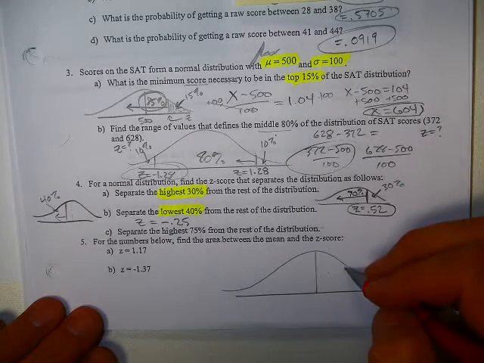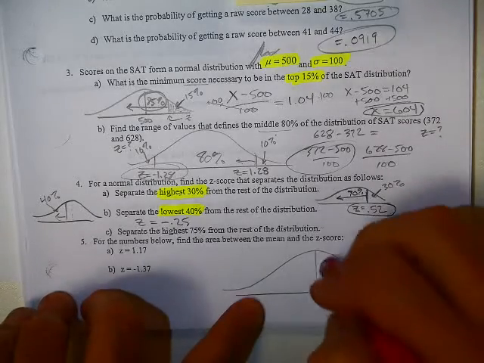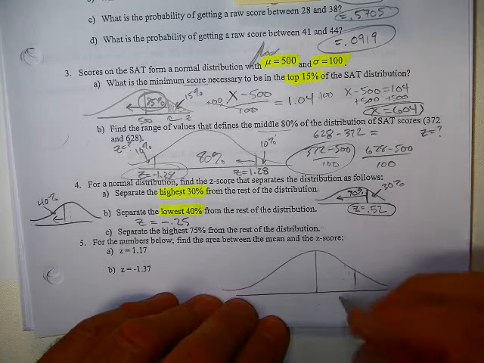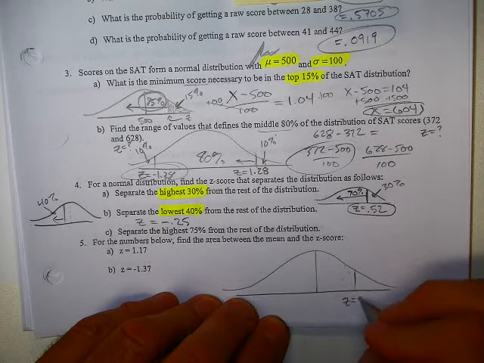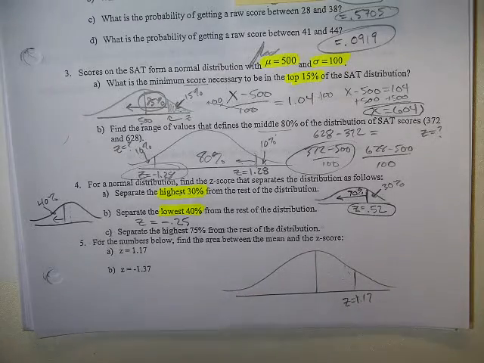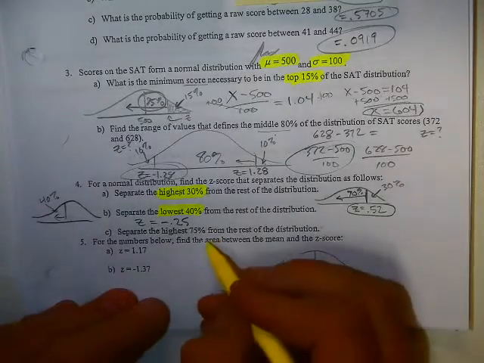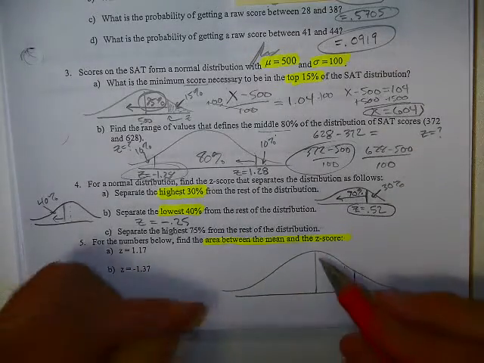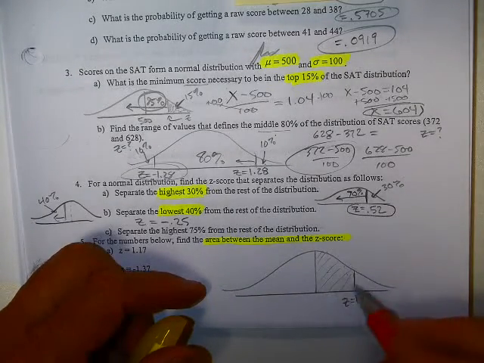That's going to be somewhere over, maybe even a little bit farther over if I'm drawing it correctly. Perhaps something like about here. So z equals 1.17. And the question's asking us for the area between the mean and the z-score. So that's literally, in this case, looking for this area right here.